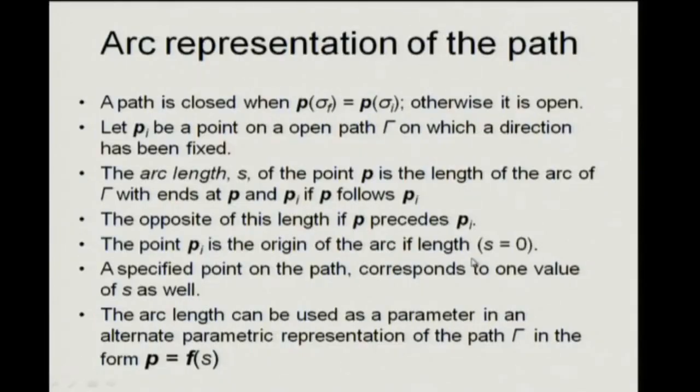So this is already done, and Pi is the origin of the arc if the length s is equal to 0. And if you take a point on the path, it corresponds to a unique value of s. So given these properties, we can say that the arc length can be used as an alternate parameter representation of the path tau in the form p is equal to f of s.